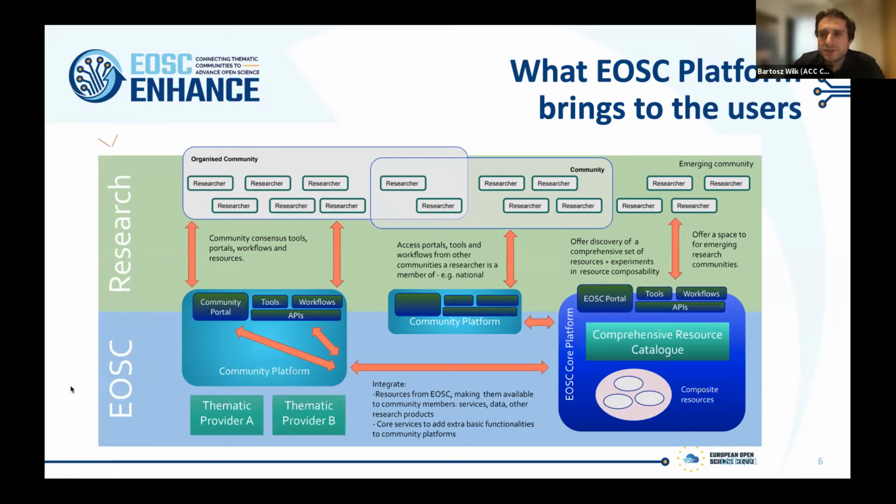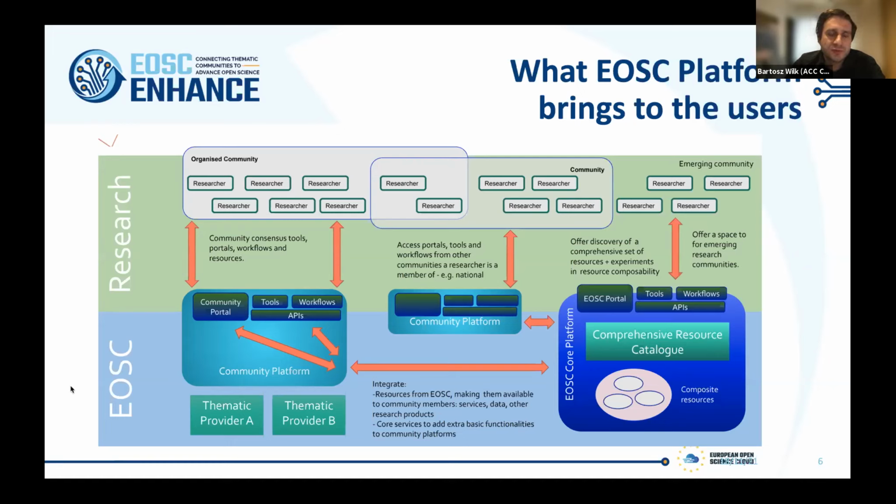So for the researchers, it will bring many direct or indirect added values, starting from added values for emerging communities who will be able to discover a comprehensive set of resources, and for organized communities who are also very valid stakeholders for the whole platform.